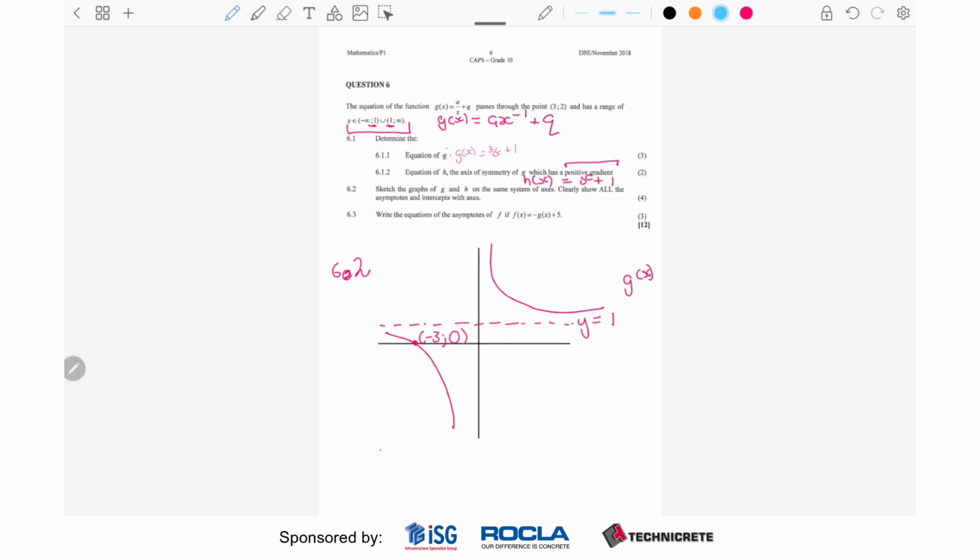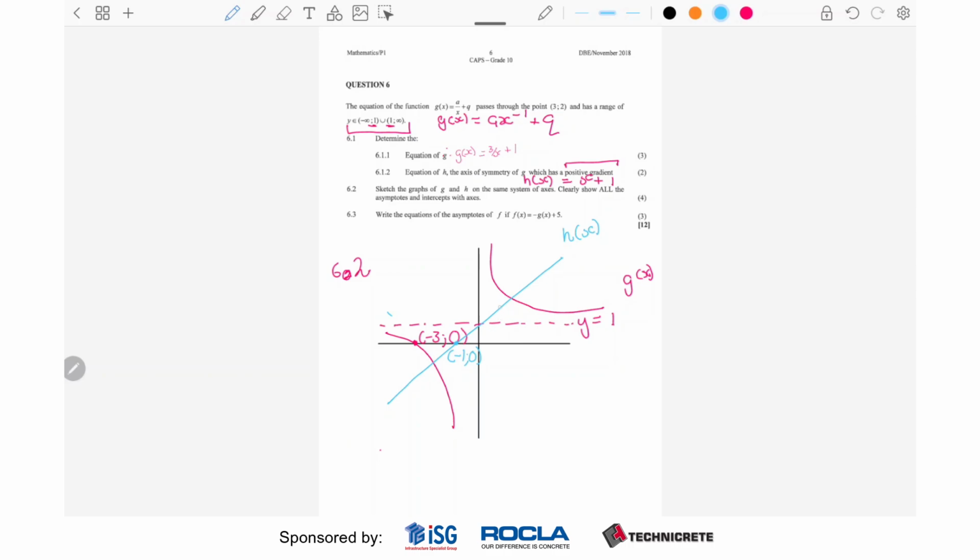And now we have to show our axis of symmetry, which is x plus 1, which will go through there. And this will be our x-intercept of negative 1. And that's all we showed. So we showed our asymptotes, we showed our x-intercepts for all graphs.